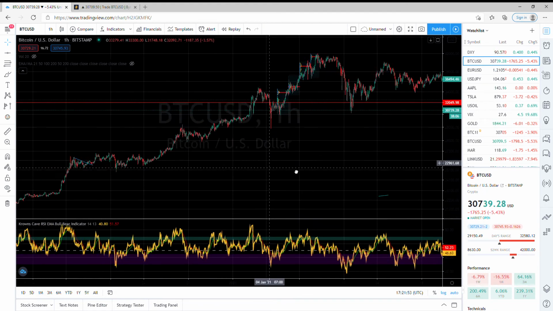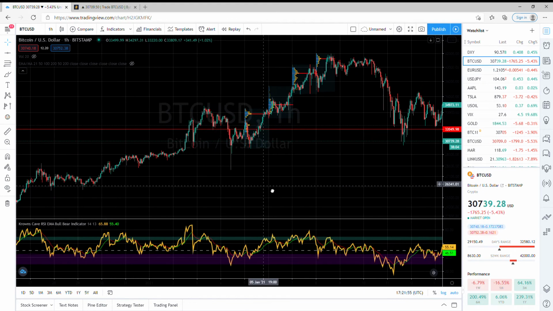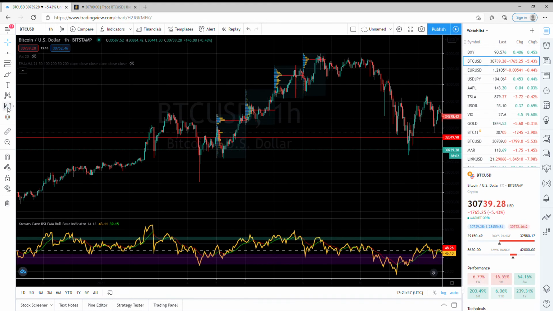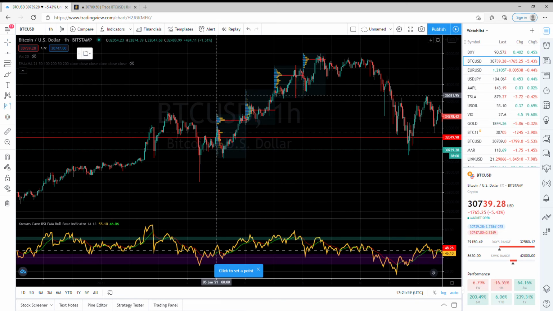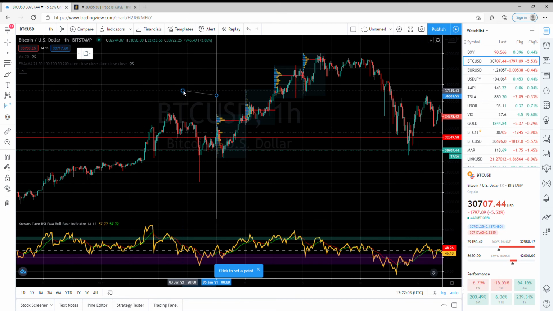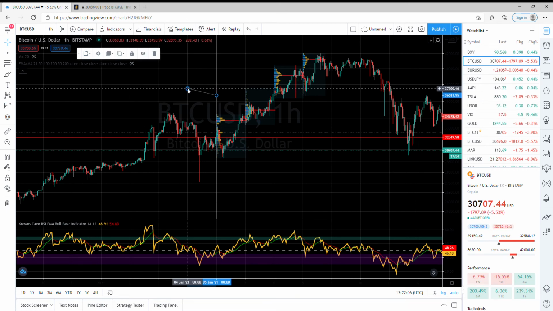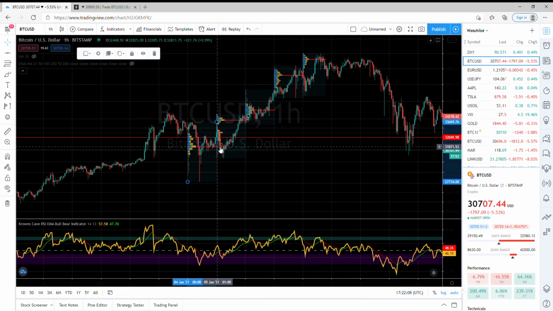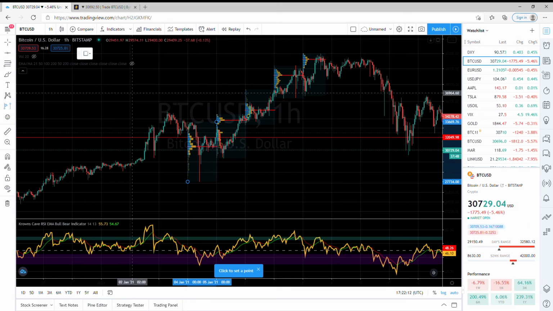What I'm doing is drawing points of control to find the highest volume node at that time. It's lower, okay? One day before.